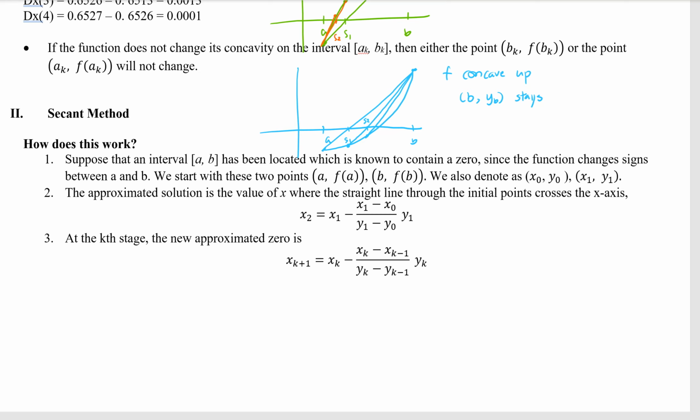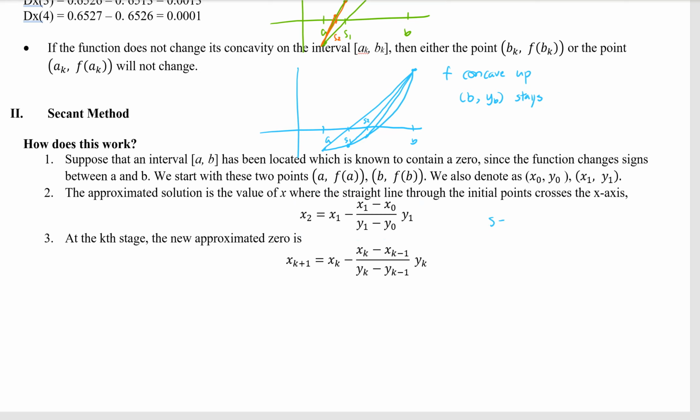Then the approximate solution is the value of x where the straight line through the initial points crosses the x-axis. So this is very similar to what we did before for the regular false position method. We also talk about the secant line passing through the 2 points, and we find the x-intercept. Do you remember what we had before?